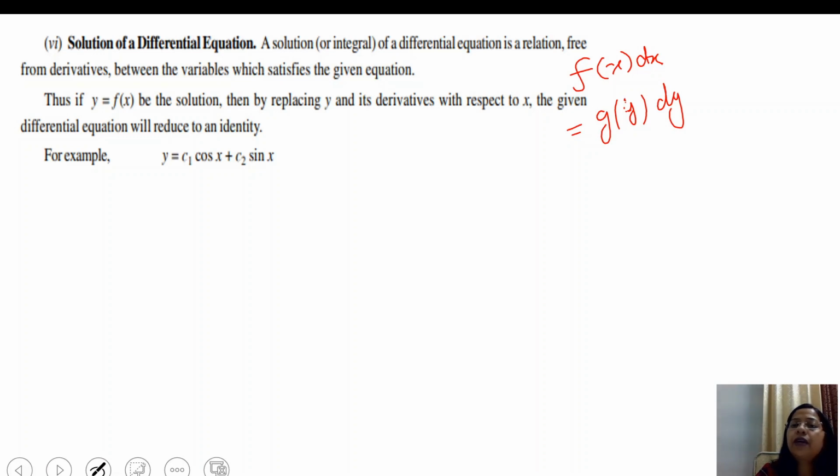How come? If we integrate both the sides, we are able to find y as some function of x plus constant of integration, right?